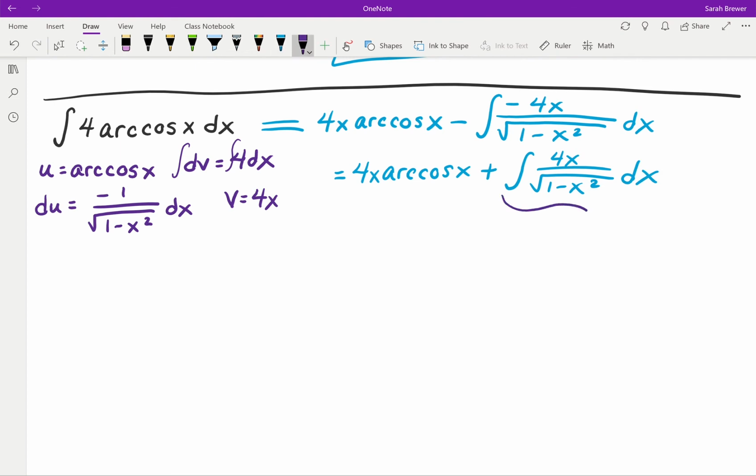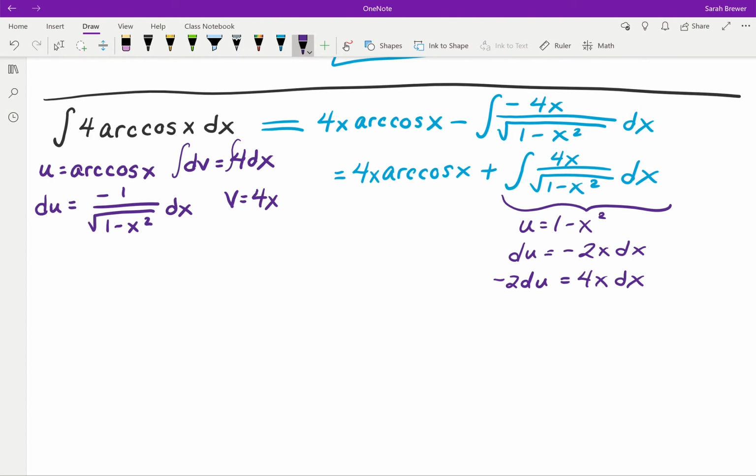So now we need to just focus on this integral, and we'll just do a simple u substitution here. So I'm going to let u be 1 minus x squared, and so du is equal to negative 2x dx. We have 4x dx, so I'm going to multiply both sides by negative 2. So negative 2 du is equal to 4x dx.